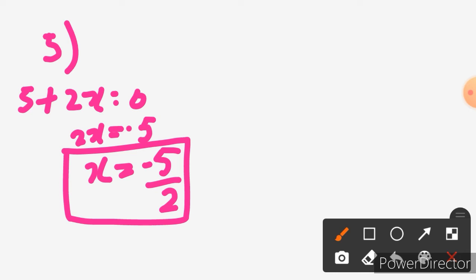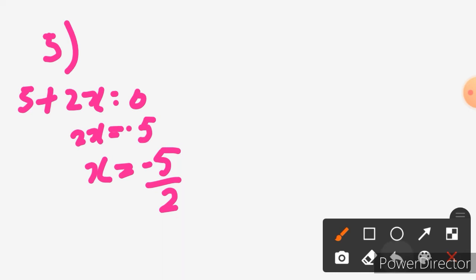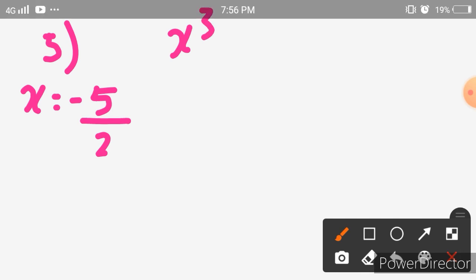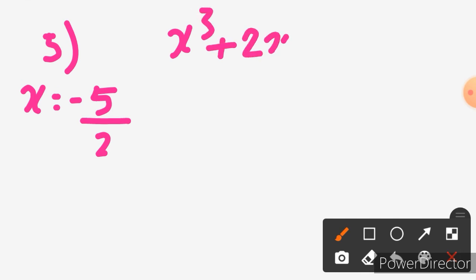I have to just substitute in the given polynomial expression. Let me write down the x value itself, that is x is equal to minus 5 by 2. I hope you have seen how I got minus 5 by 2 here. So let me write down the given polynomial expression, that is x cube plus 3x square plus 3x plus 1.